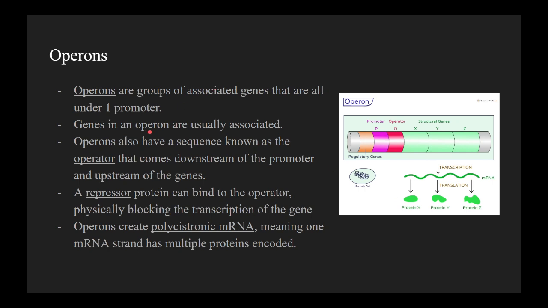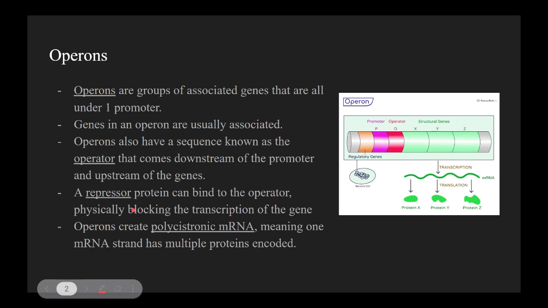The genes in an operon are usually associated, so they make proteins that have functions that work together. The operons also have the operator, which is downstream, so after the promoter, but upstream, before the genes, right in the middle.